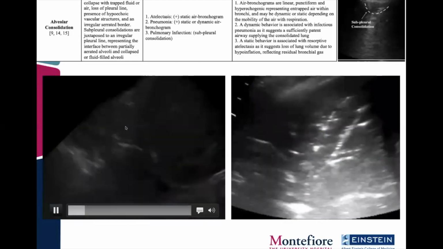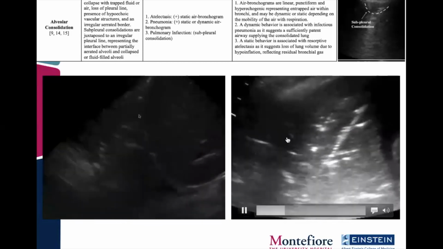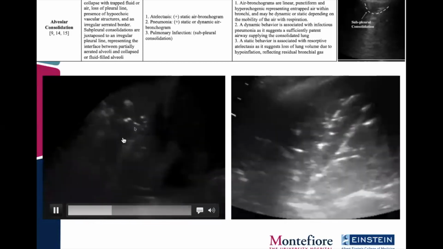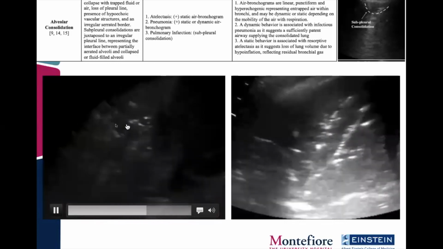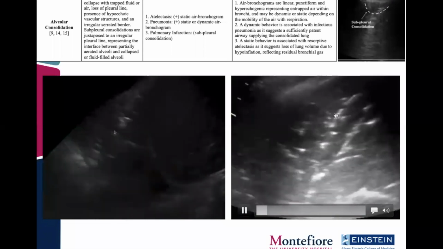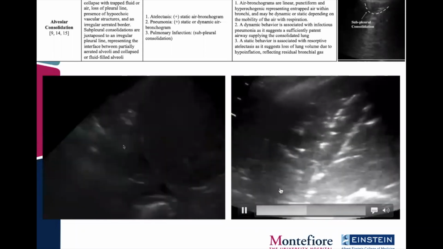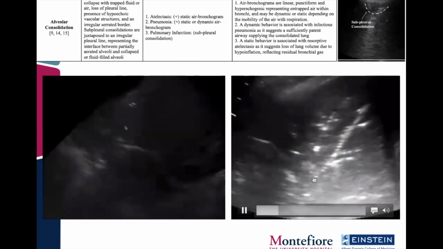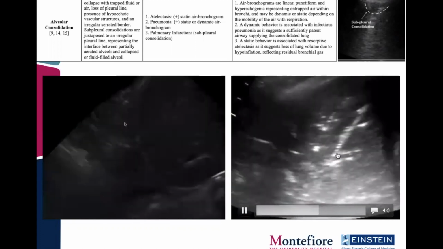They're linear, punctiform, and hyperechogenic. If you compare the 2 videos, we see that on the left-hand side, the air bronchograms are static compared to those on the right, which are dynamic. The dynamic behavior is associated with infectious pneumonia. And here is a beautiful image.